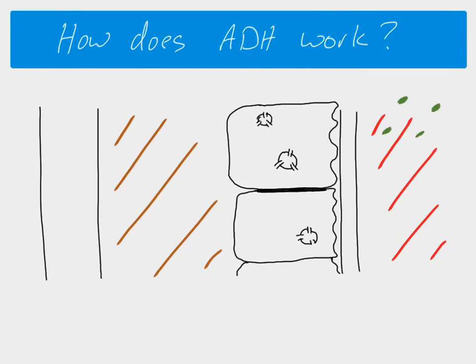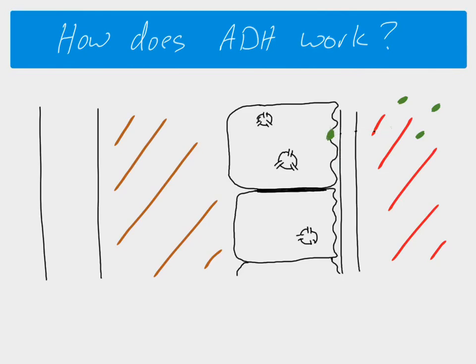So when ADH is secreted from the neurons in the posterior pituitary gland, it travels down in the blood, and when it gets to the collecting duct, there are receptors on the cells which the ADH binds to.